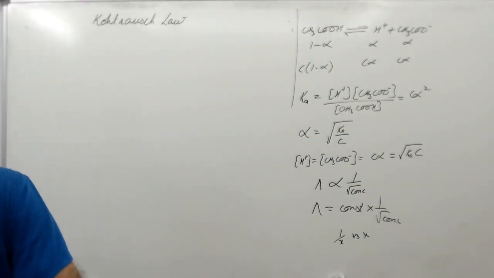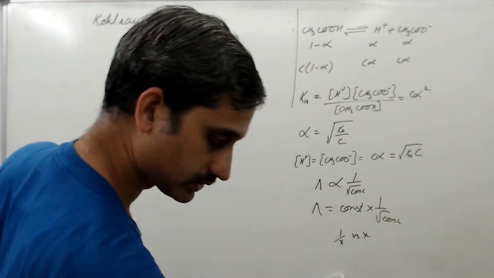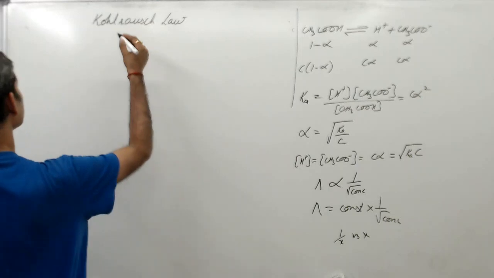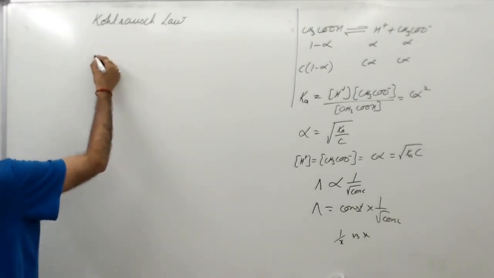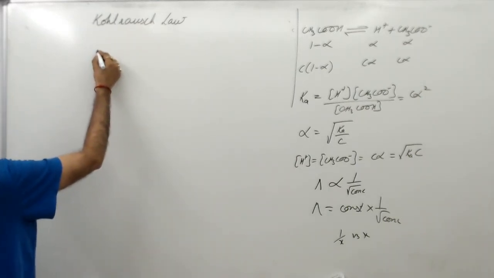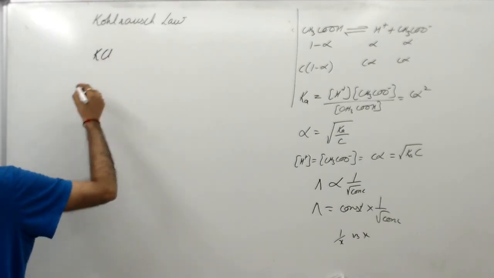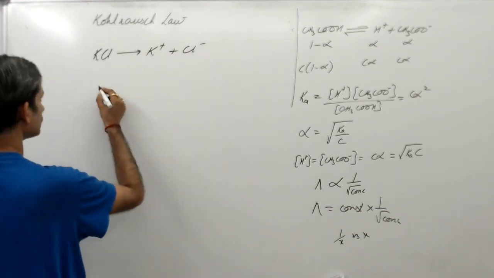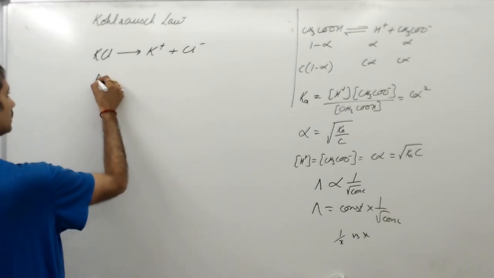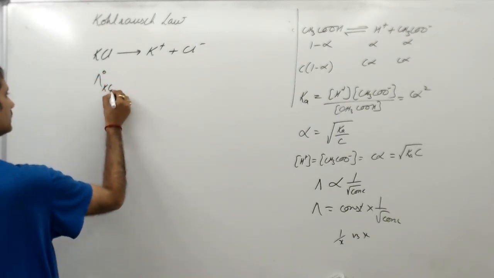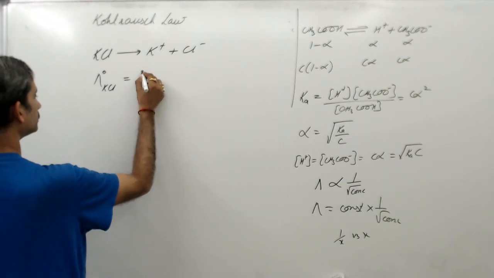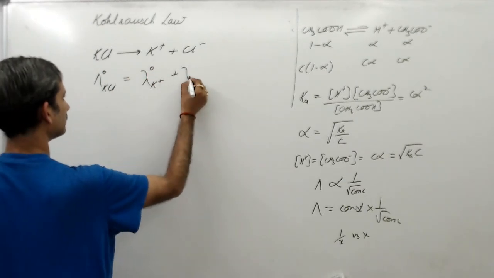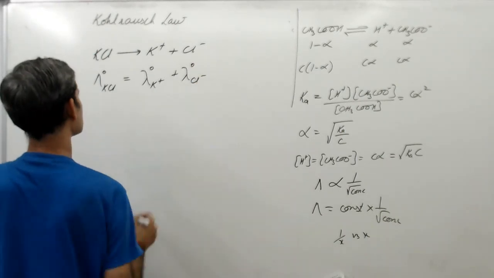Okay. So getting on with the Kohlrausch law, we can simply say that let us say we have potassium chloride. Potassium chloride dissociates to give K plus and Cl minus. So lambda naught of KCl would be equal to lambda naught of K plus plus lambda naught of Cl minus.